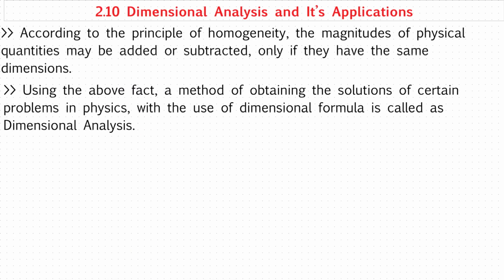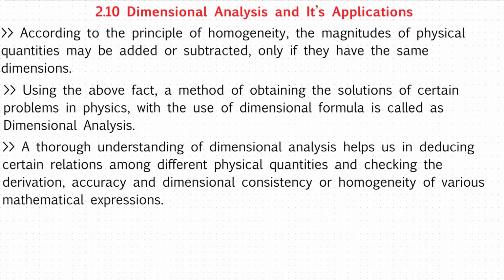Using the above fact, a method of obtaining the solutions of certain problems in physics with the use of dimensional formula is called dimensional analysis. This is the definition of dimensional analysis: by the principle of homogeneity, we can find out some solutions of the problems of physics.